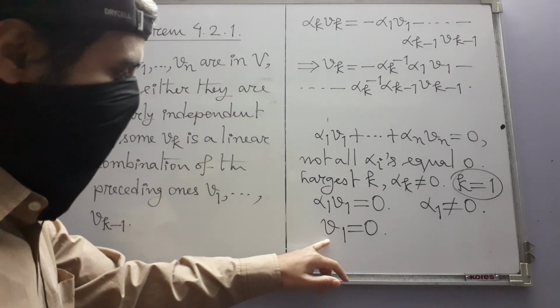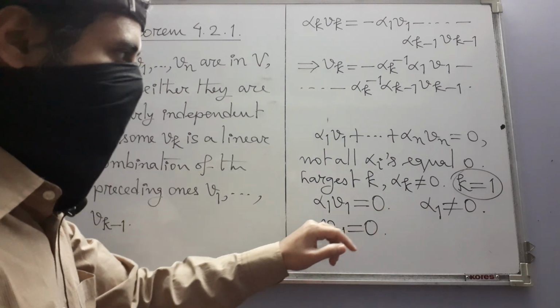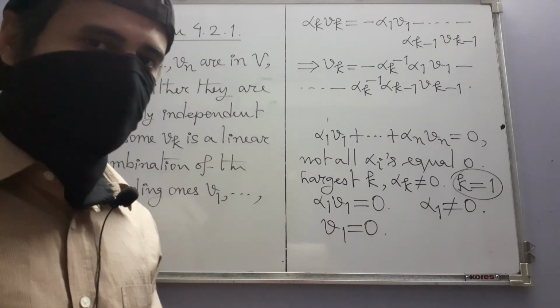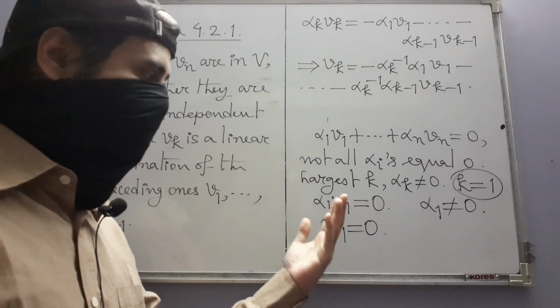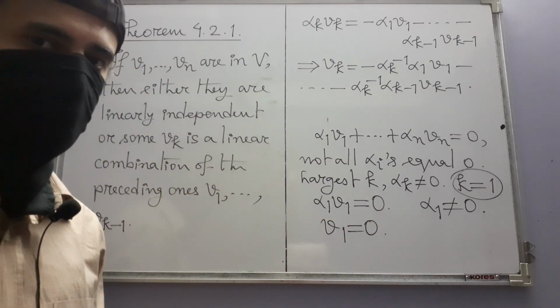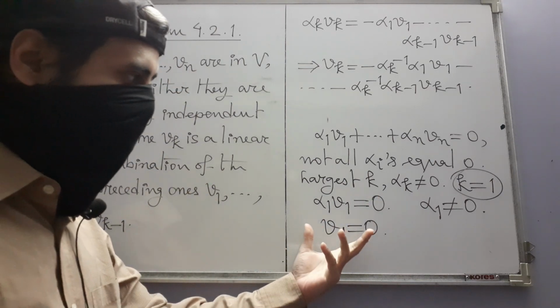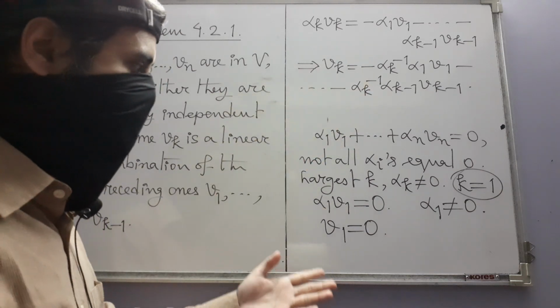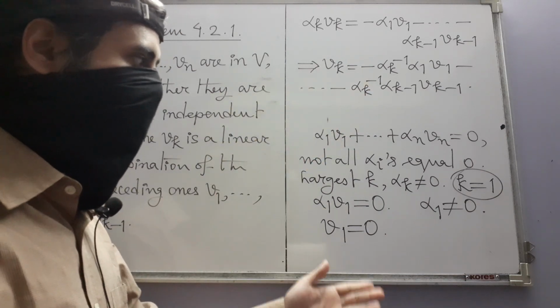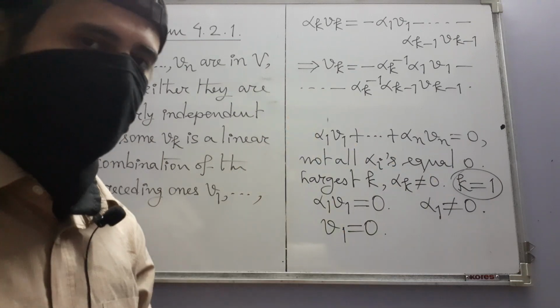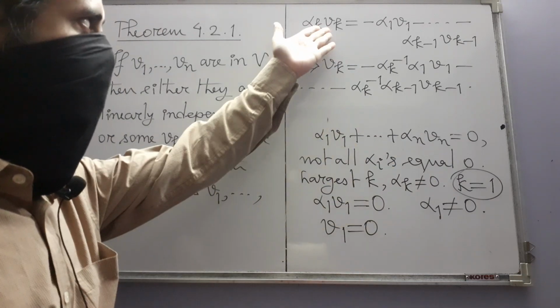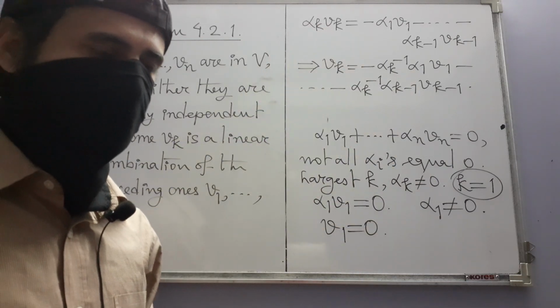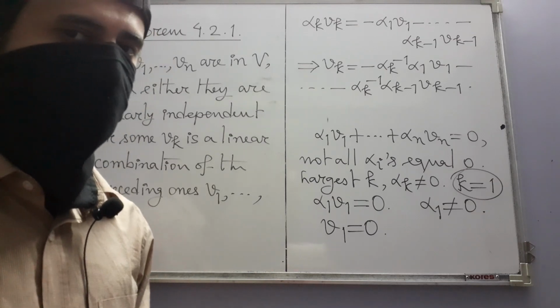But are you getting v1 as a linear combination of the preceding ones? There are no vectors that come before v1. So is there not something wrong with this proof? If you simply assume, without even mentioning it, that k has to be greater than 1, and complete the proof like this, I don't think it's correct.